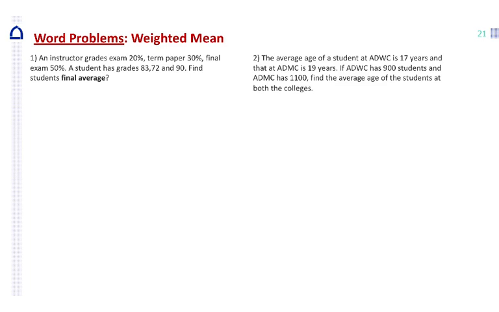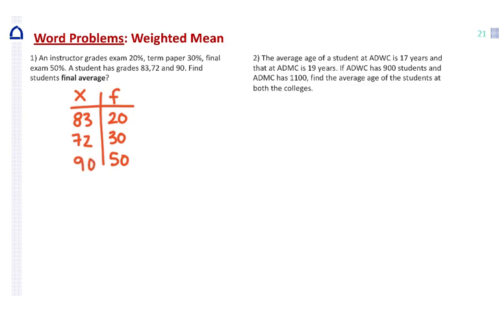So we can put the weights as the frequency column. So the exam that was 20% will go there, 30% is the weight for that second exam, and then 50% is the weight for the final exam. And here is the data. We got 83 on the first exam, 72, and then 90.